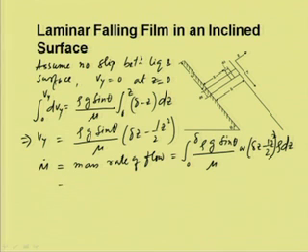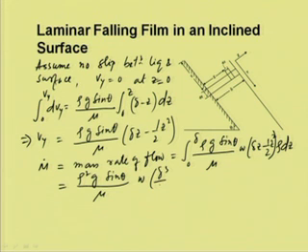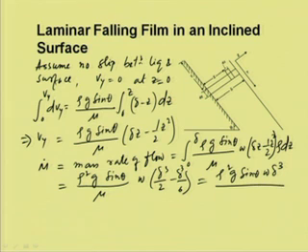Which is equal to rho square g sin theta by mu into w, delta cube by 2 minus delta cube by 6, which is equal to rho square g sin theta w delta cube by thrice mu.